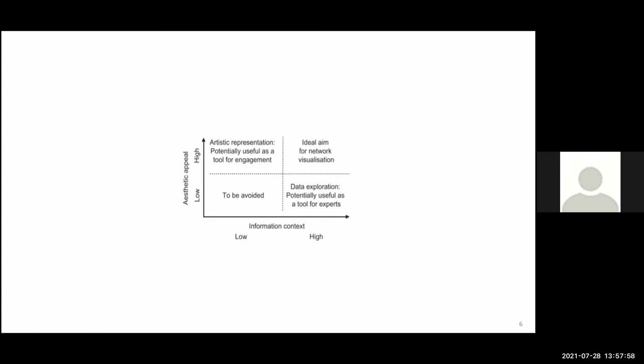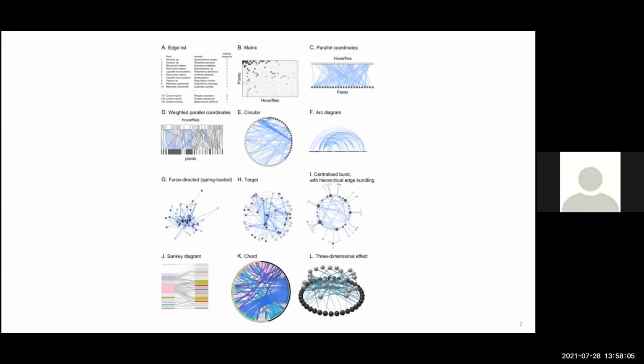There are a few different methods of visualization that were presented in the article. Looking at each of them one by one, you can decide what the aesthetic appeal is versus the information context. The edge list, which just lists all of the nodes and the links, is probably the one with the highest information context, but the least aesthetic appeal.